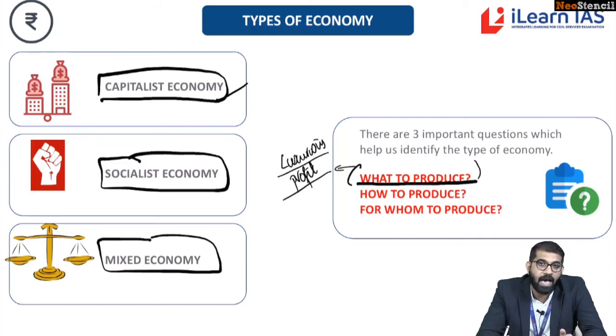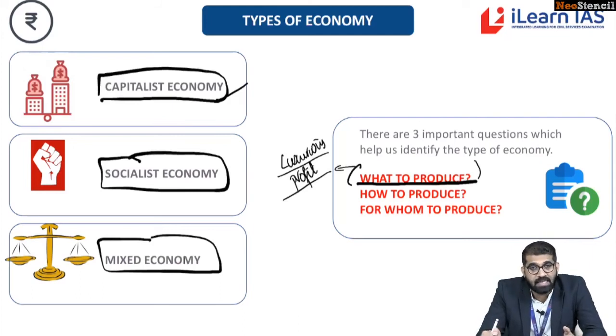And finally, we have mixed economy. What is mixed economy? Finally, we have the third question, that is for whom to produce. Now, for whom to produce means which is the target population. As it is obvious, in the capitalist economy, the target population will be the richer section of the population.